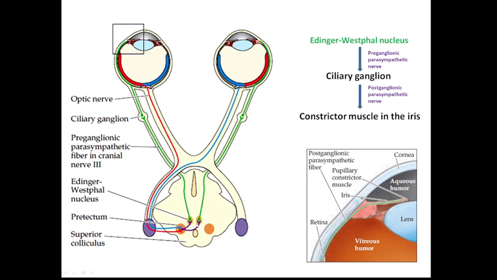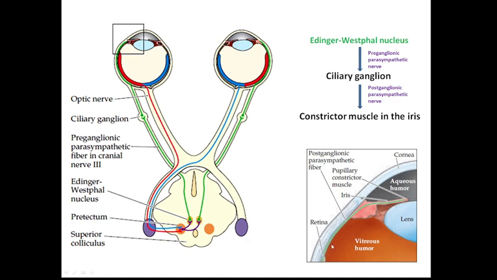The Edinger-Westphal nucleus sends its preganglionic parasympathetic fibers to the ciliary ganglion, and from the ciliary ganglion the postganglionic nerve fibers go towards the ciliary muscles, that is the pupillary constrictor muscle.